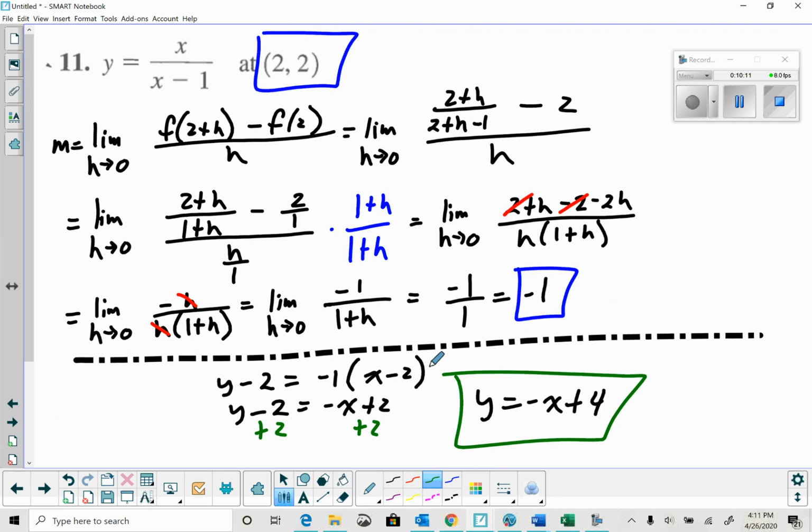We should get y is equal to negative x plus 4. That's the equation of the tangent line to that curve at that point.